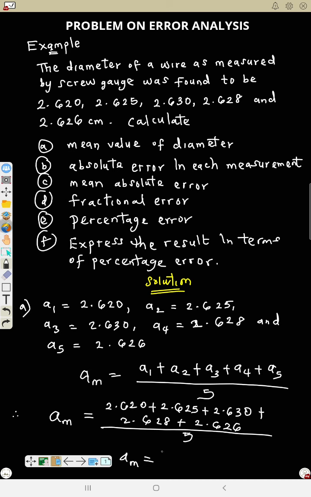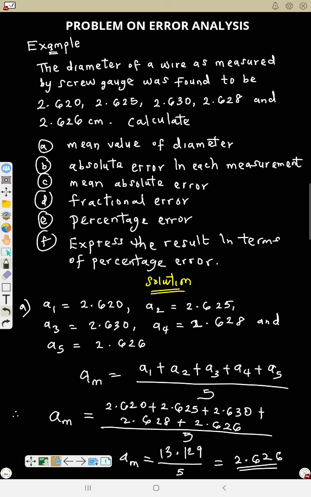Everything is 13.129, divided by 5. That is 2.626. So that is the answer, the mean value of diameter. So we have solved the first one.